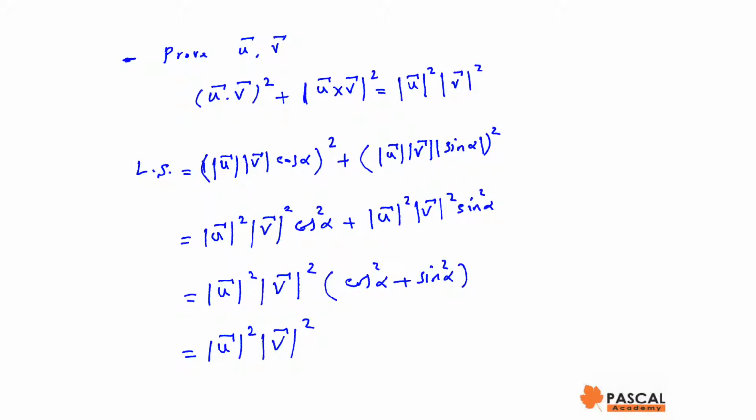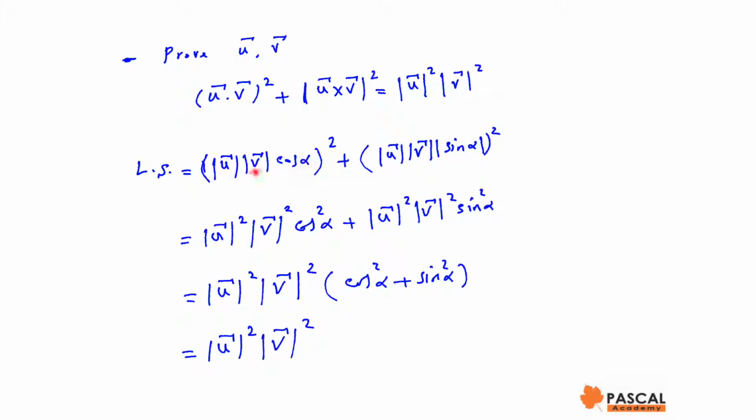Our next example is a proof. Prove that if u and v are two vectors, then (u dot v) to the power of 2 plus the magnitude of u cross v to the power of 2 is the magnitude of u to the power of 2 times the magnitude of v to the power of 2. We know u dot v is size of u, size of v, cosine of alpha, and u cross v is size of u, size of v, absolute value of sine of alpha.